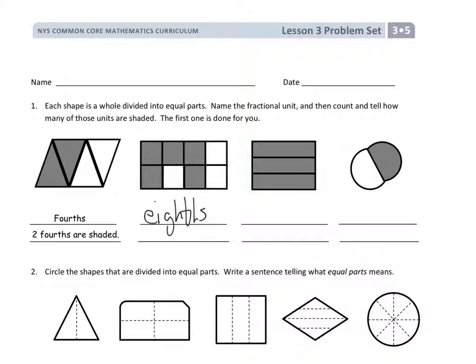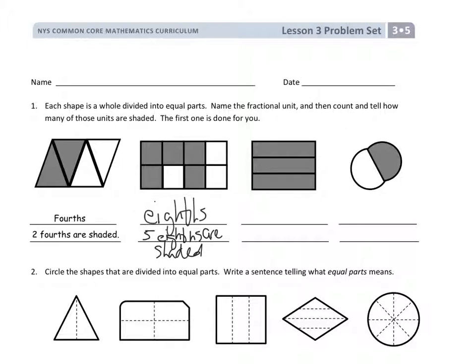We have 1, 2, 3, 4, 5. So we're going to say that 5 eighths. Remember, this is writing in unit form. 5 eighths are shaded.